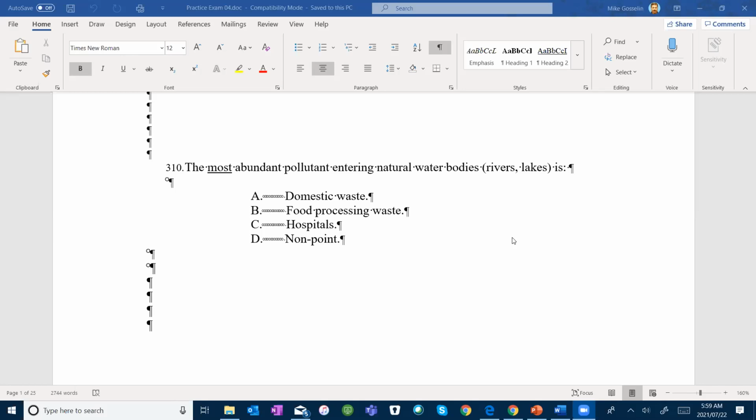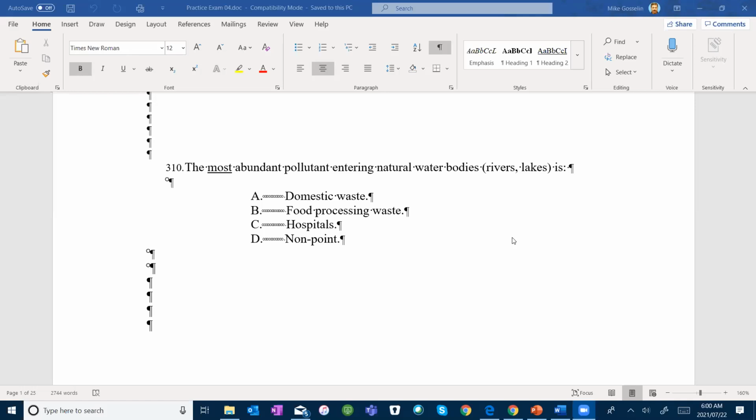The correct answer is D on this one. It's non-point. And non-point pollutants are rainfall, snowmelt, runoff, that type of thing. So make sure you understand what non-point is, or remember what we talked about this morning, because that one will be on the exam for sure. Something about non-point pollutants.